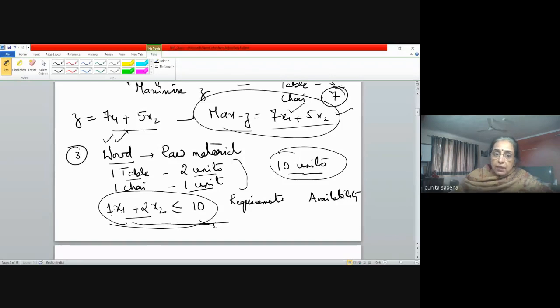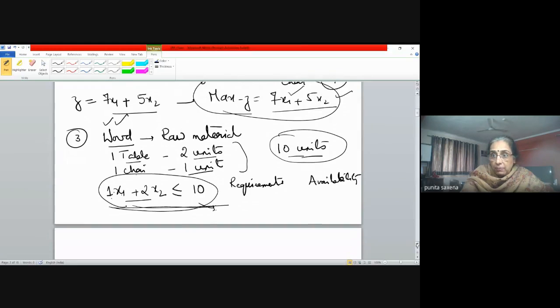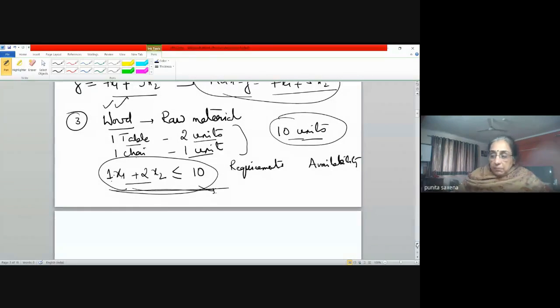This constraint relates to the raw material. The other constraint could be due to the machine time availability. Every product that we are manufacturing runs on certain machines, and even the machine time has a limited capacity. That means we cannot be running the machine forever. Similarly, every table needs some amount of machine time, every chair needs some amount of machine time, and the total availability of machine time is also limited.